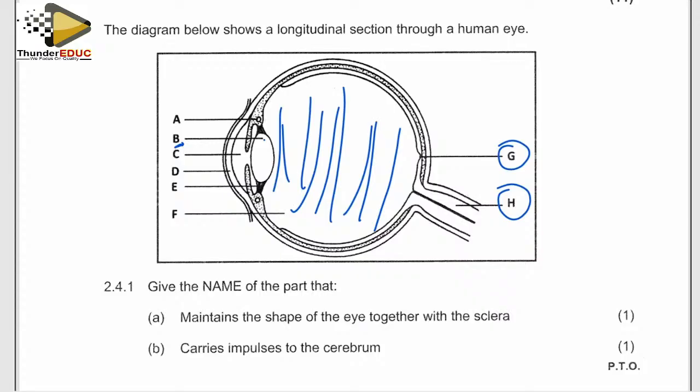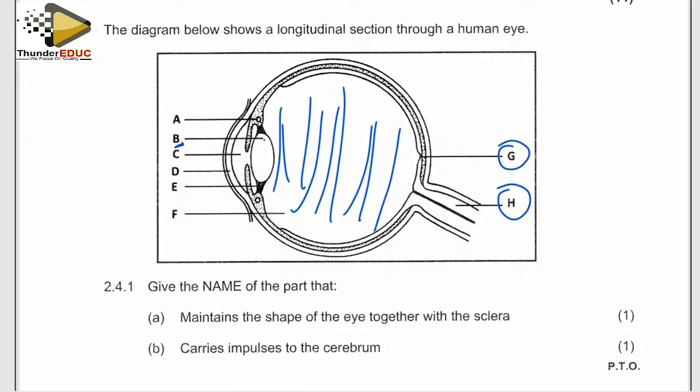I emphasized this. I said why is the clearest image formed there? Because it contains a high concentration of rods and cones. Since the concentration is high, it's able to detect anything which falls on it. So what you're supposed to give here is, you say that G and H work together.